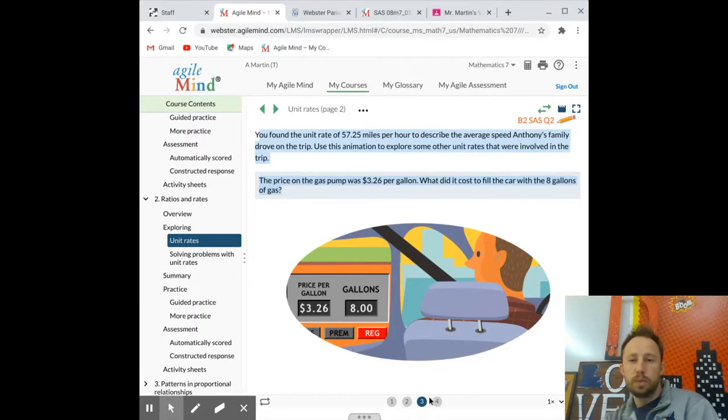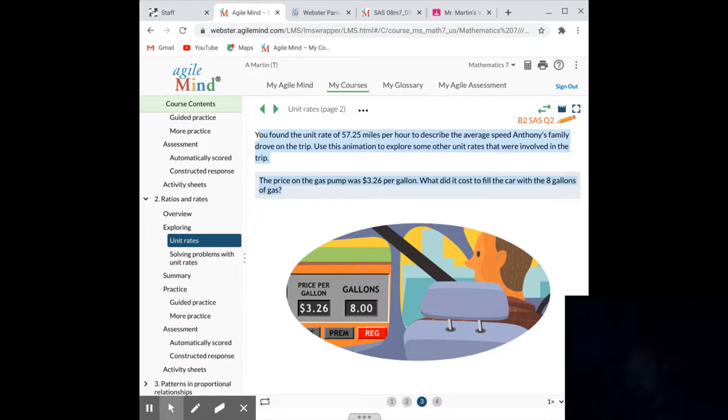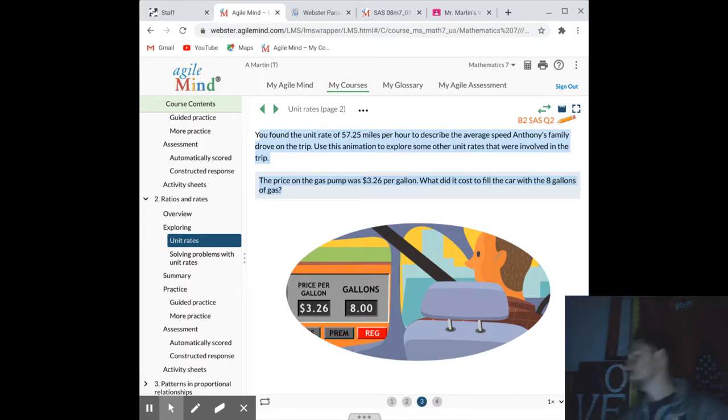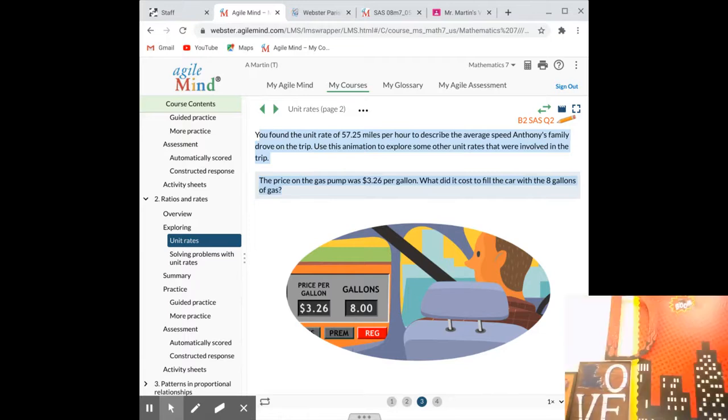So, Madeline, will you read this for us, please, ma'am? Yes, sir. You found the unit rate of 57.25 miles per hour to describe the average speed Anthony's family drove on the trip.